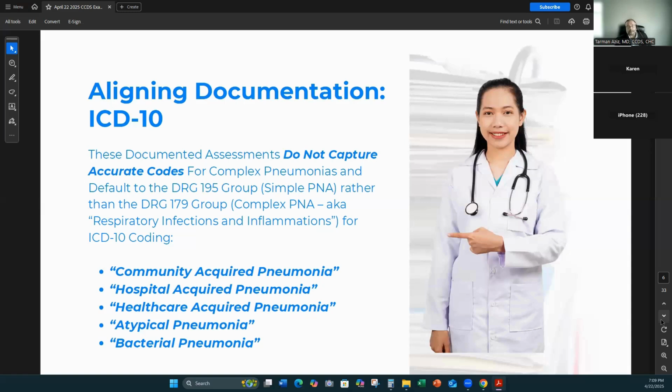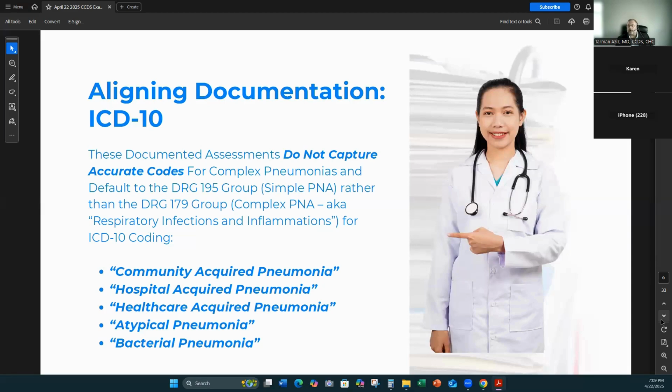So quite particularly, providers think they're giving us a lot of good information when they write things like community-acquired pneumonia, hospital-acquired, healthcare-acquired, atypical, bacterial. And in fact, most of those descriptors are of no particular value because in the end, they code to what type of pneumonia.